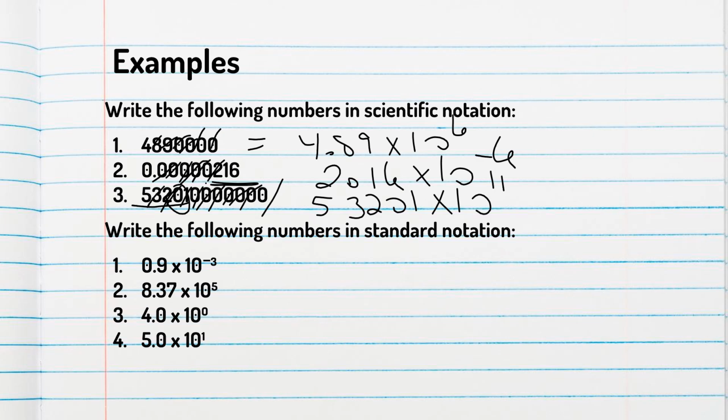So let's do a couple of these backwards. I have 0.9 times 10 to the negative 3.